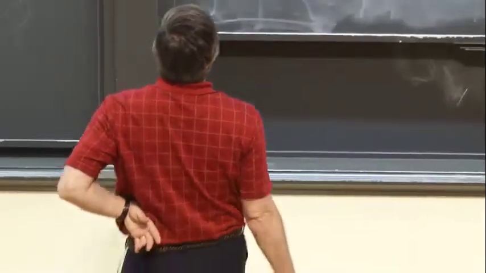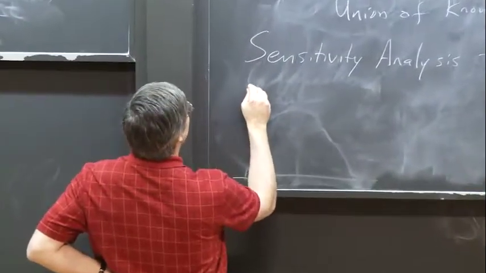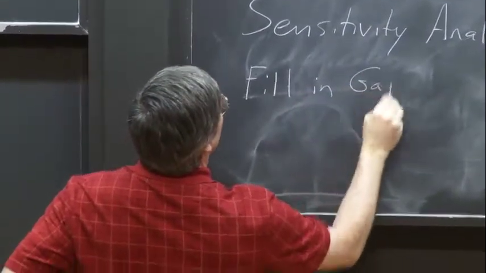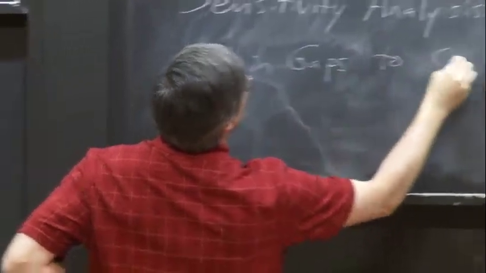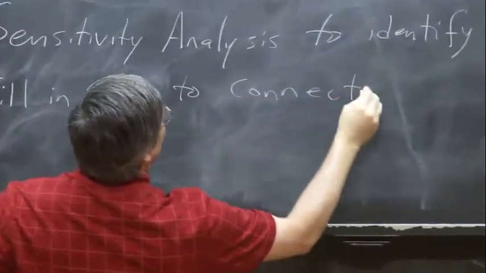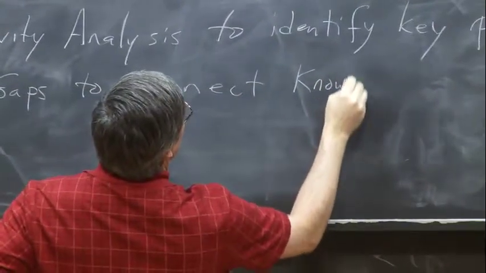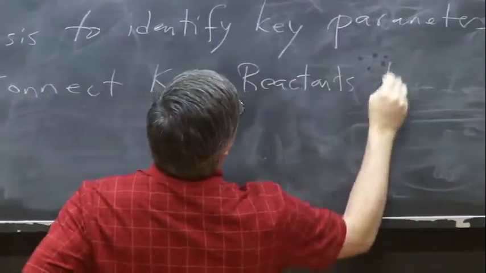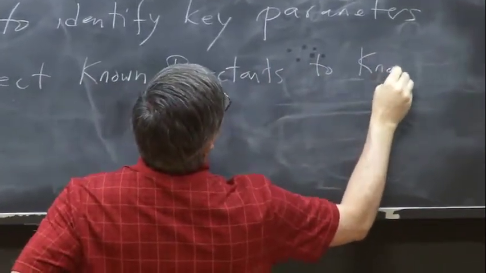You have reactants and products. If you can identify all the intermediates, then you can fill in the gaps and make predictions on transition states. Okay, so try to fill in gaps to connect the known reactants to known products.